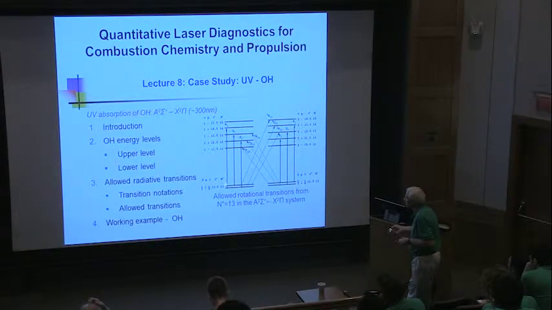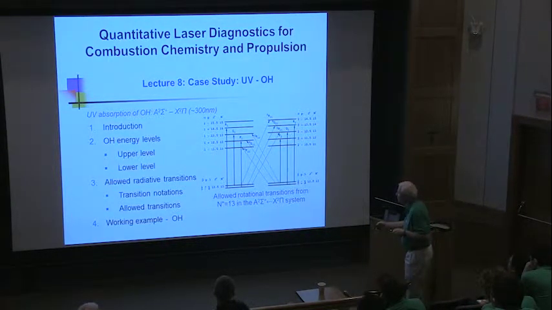Each one of those then has allowed transitions. So for example, where I have N of 13 and J of 13 and a half, I might consider where I can go that will have a delta J of 1. That would be an R branch transition.